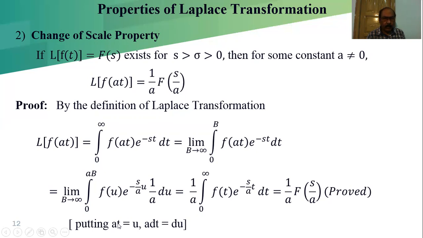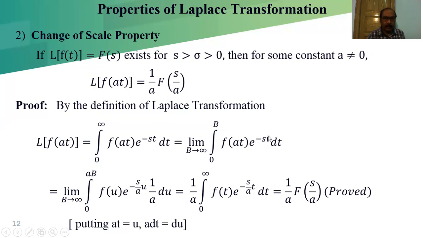When t is 0, u will be 0. When t is b, the upper limit will be ab, since our substitution is at equal to u. So the limit as b tends to infinity of f(u) e to the power, as per our substitution, t equals u by a.